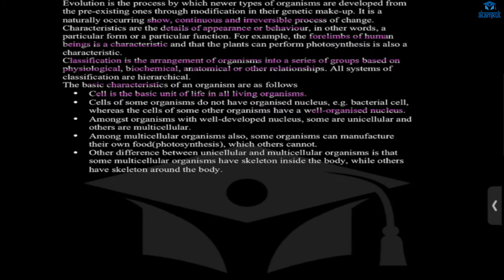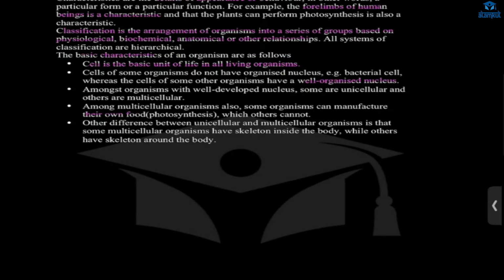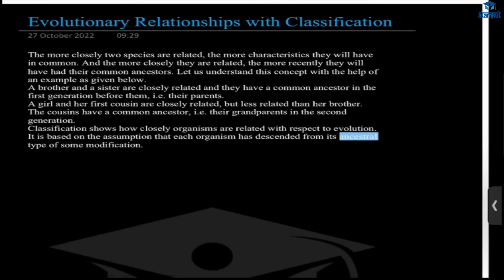Among the multicellular, some can produce their own food, others will not be able to do that. Also, some multicellular organisms will have an endoskeleton, and others will have a skeleton outside the body.